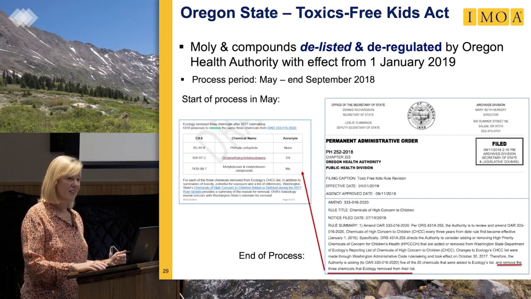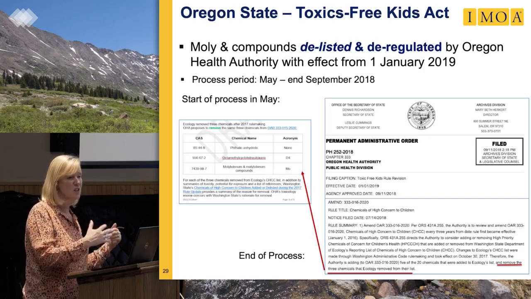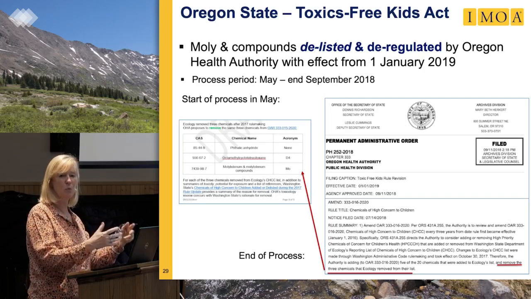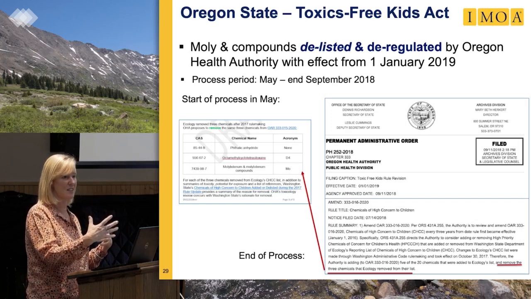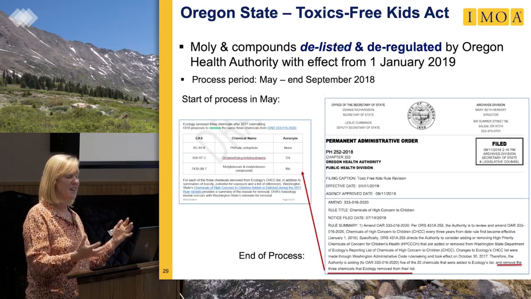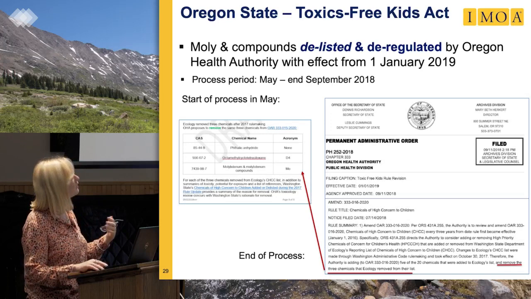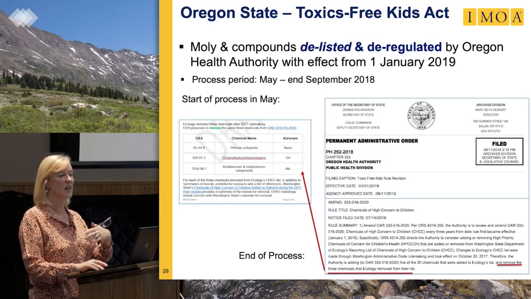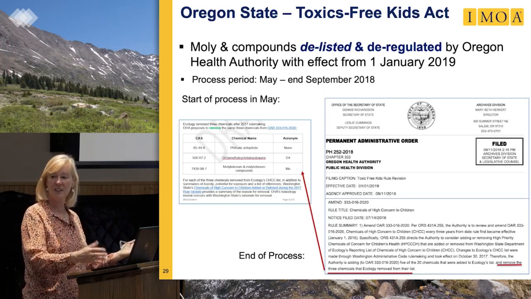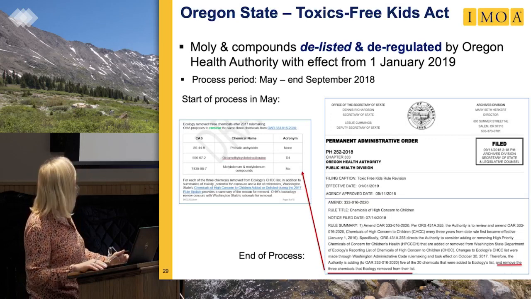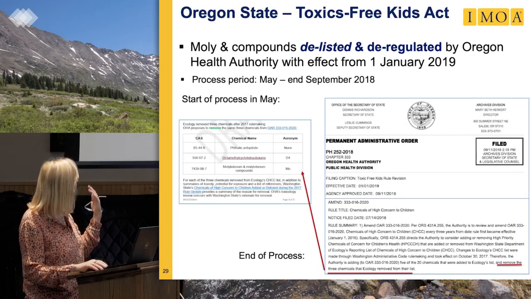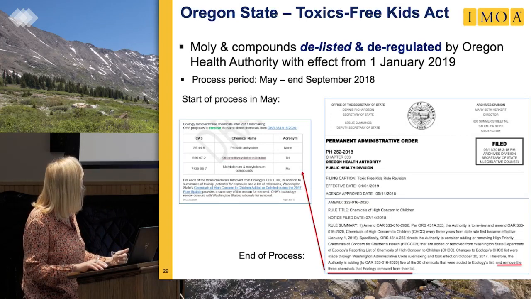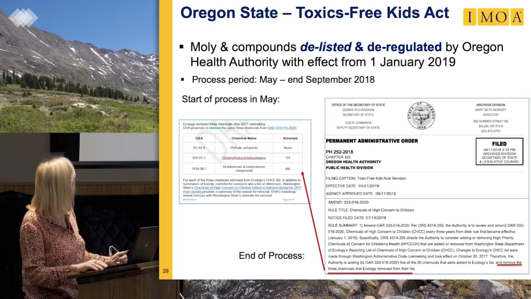Then in Oregon, they had done a similar thing, and they had started on the basis that anything on the Washington legislative list has to be on their list. So at the beginning, you have to wait until they have a triennial review, and then you can have a dialogue about your substance. So we had a dialogue with them last year, 2018.